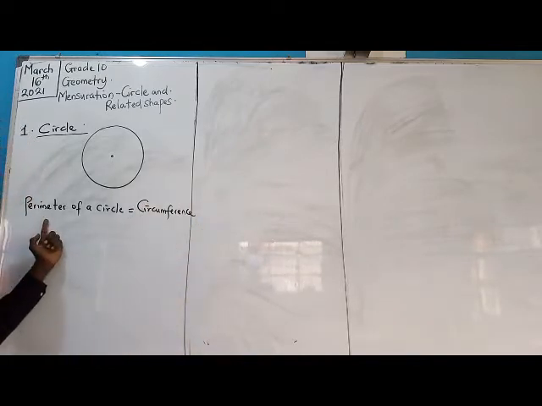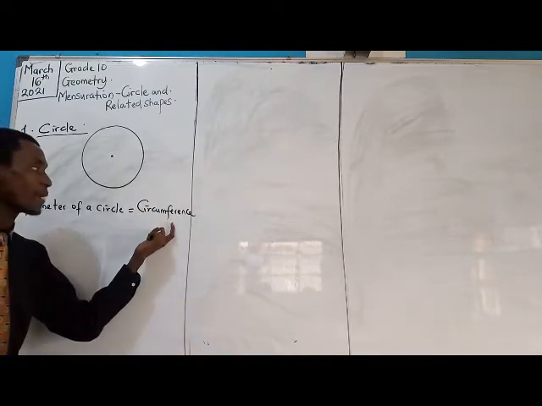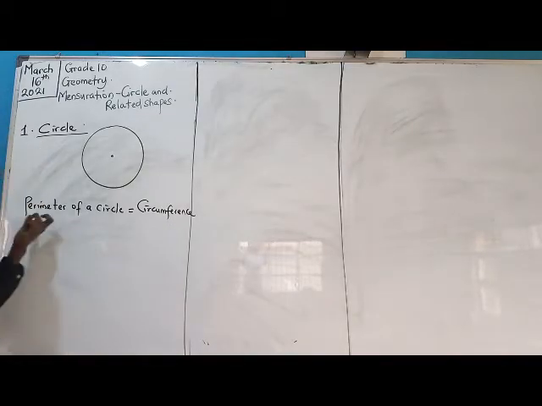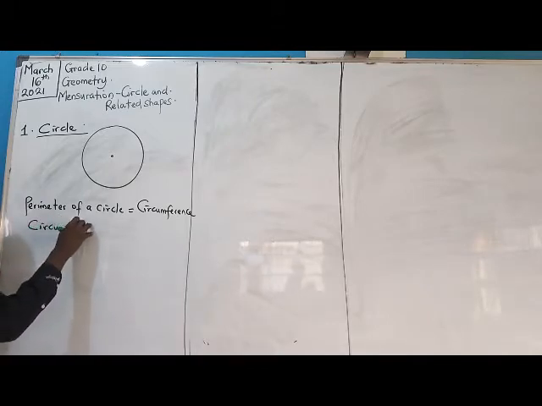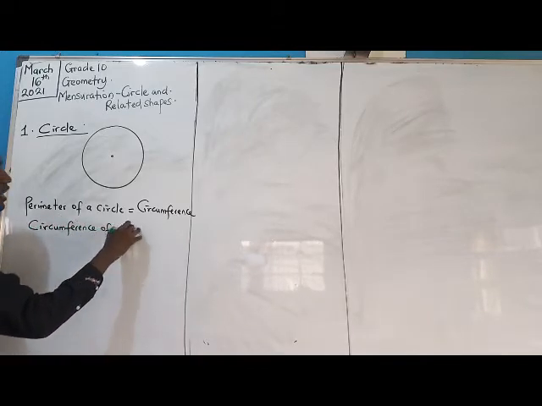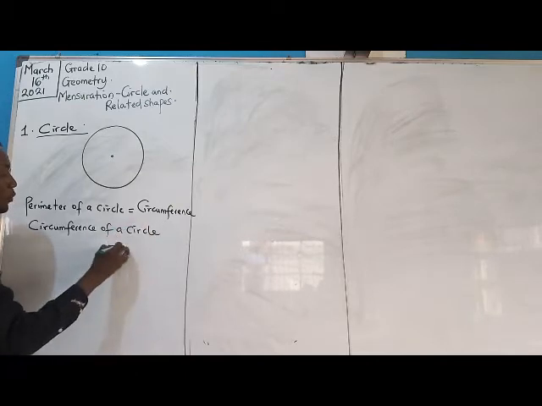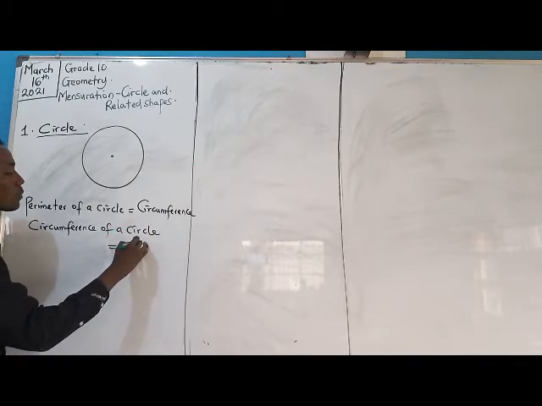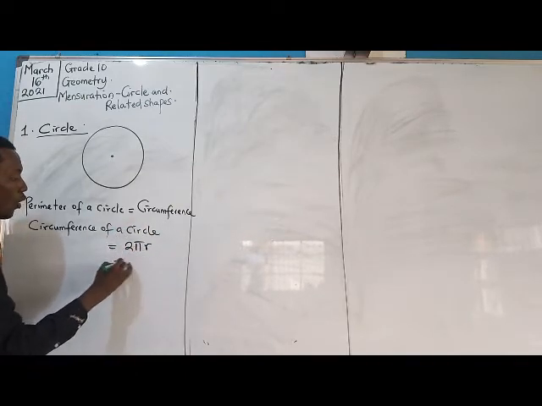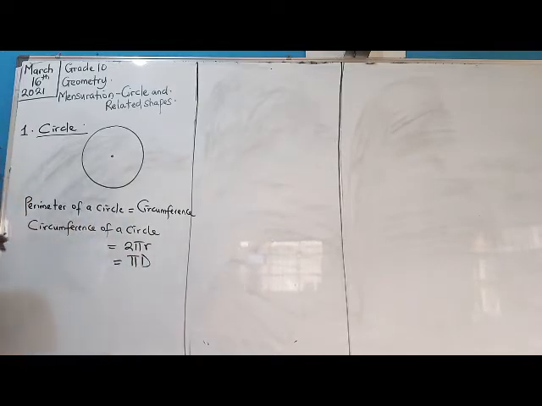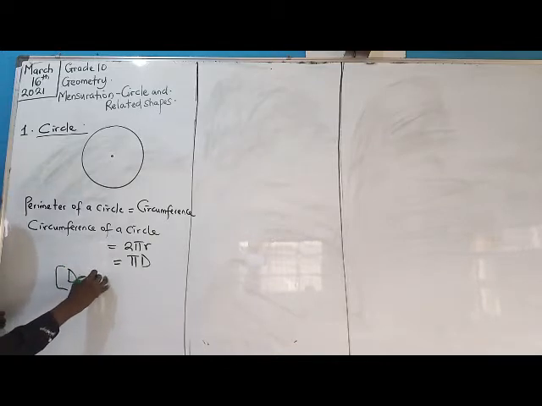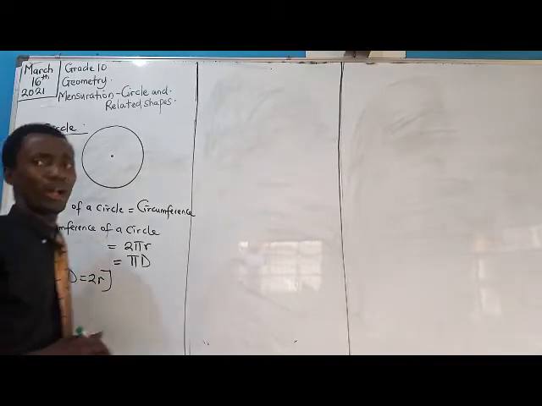So if the perimeter, which is the technical way of describing the circumference of a circle, is this, it means that the circumference of a circle will be equal to what? 2 pi r, or we can say pi d, because we know that the diameter is equal to 2 times the radius.